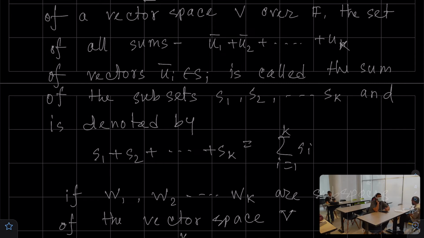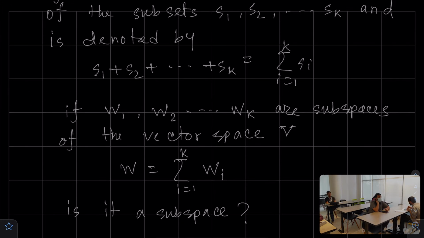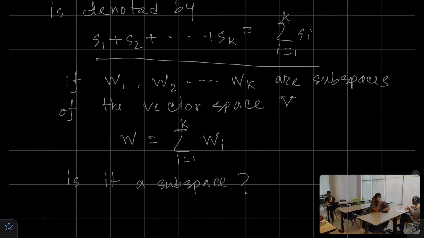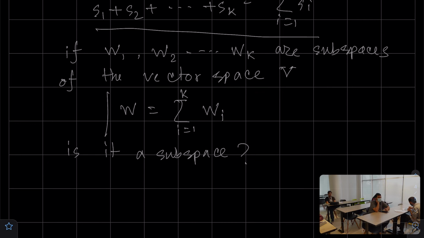These sets are subsets of the original vector space V over the field F, and the summation is defined in this way. Then if I replace all these sets by the subspaces W1, W2, Wk, is this summation, this W, going to be a subspace?